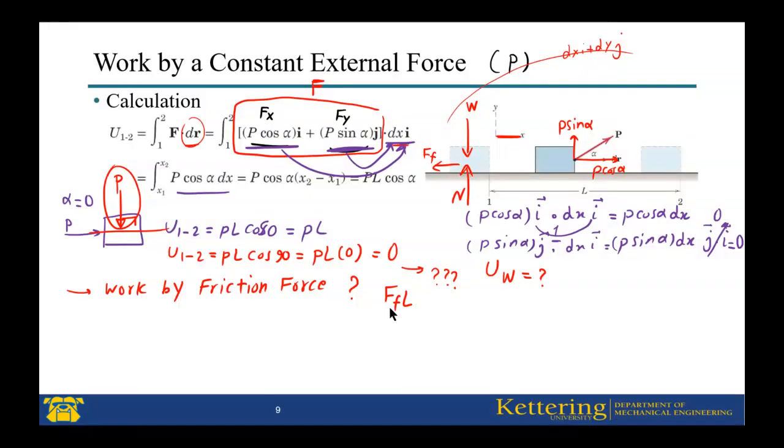The frictional force multiplied by L is correct, but it's minus. This is the reason that if there is a frictional force in a system, you need to apply more force to push something. It reduces the energy you put into the system, or dissipates the energy.